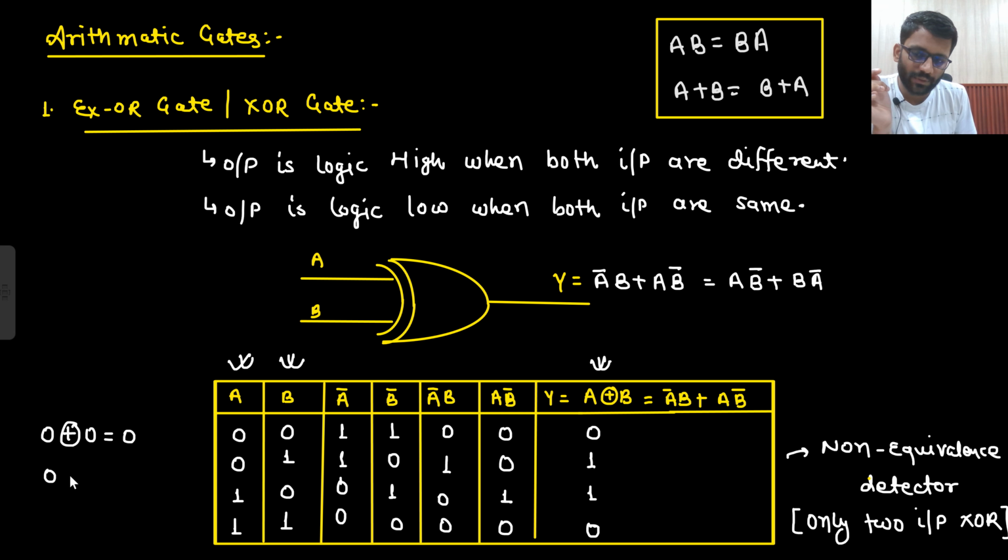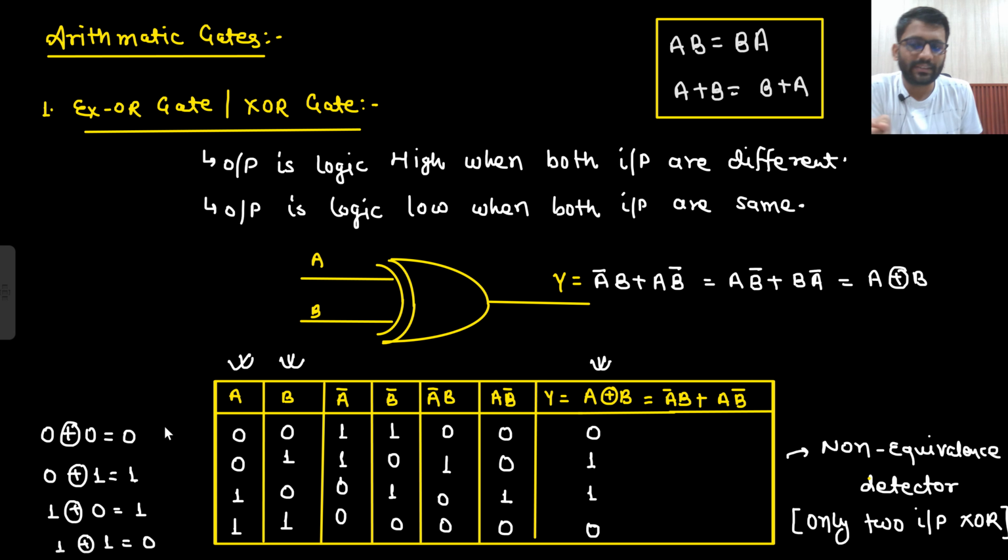This is the sign of XOR, a plus with a circle around it, and this can be replaced with A XOR B. 0 XOR 1 is 1, 1 XOR 0 is 1, and 1 XOR 1 is 0.